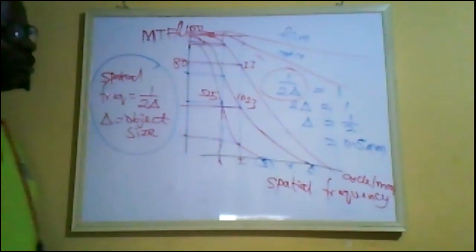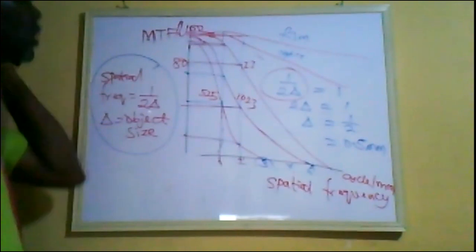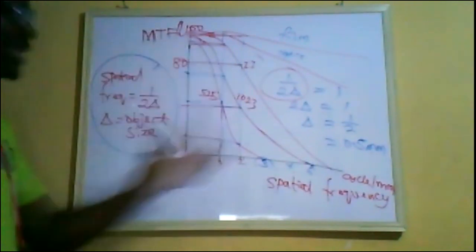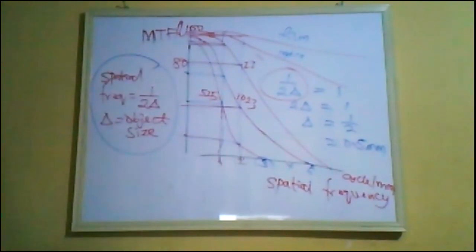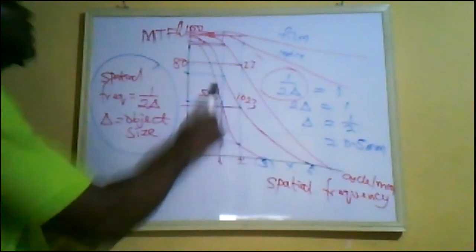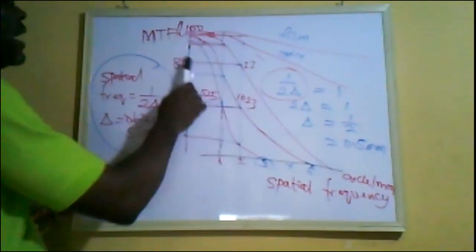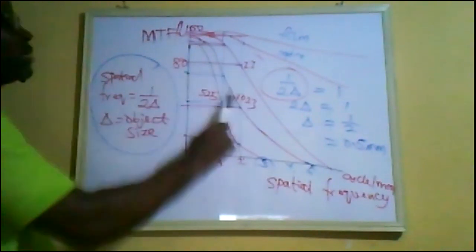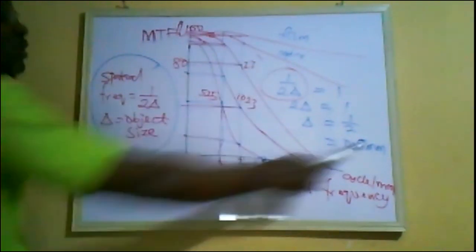If an object is 0.5 millimeter, this one will better discriminate it. It will clearly show it as very distinct from surrounding structures than this. Likewise, according to this graph, this one is around 80, which has a better performance than this for this object.